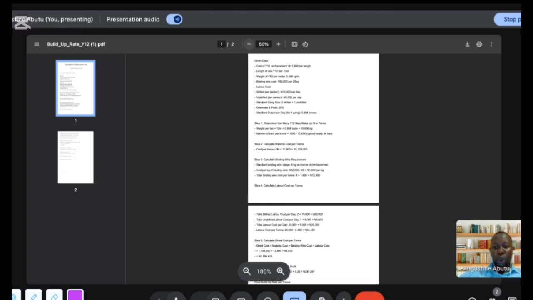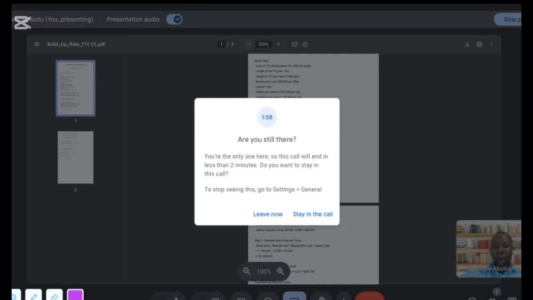So a gang now requires two skilled labor and one unskilled labor, which means that the cost of a gang is 25,000, which means that 10,000 for a skilled labor, 10,000 multiplied by two is 20,000. 5,000 for unskilled labor. So which made it 25,000. The output of a ton in a day means that a gang, due to experience, we discovered, because I've been working on sites and experience.